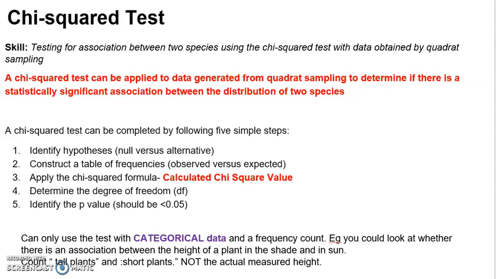So what we then do with our data is we calculate a chi-squared value, and I'll show you how to do that within this video, and we compare our calculated chi-squared value from our experimental data against a so-called probability value, or p-value. Now, the p-values will allow us to assess whether or not the results that we've got, an association, is due to chance, or whether the results that we've got from our experiment actually support the hypothesis which is there.